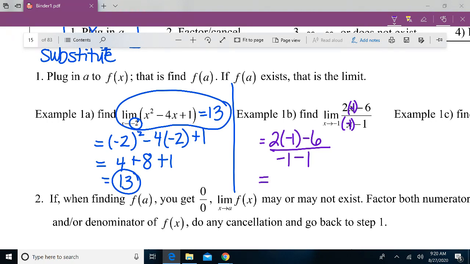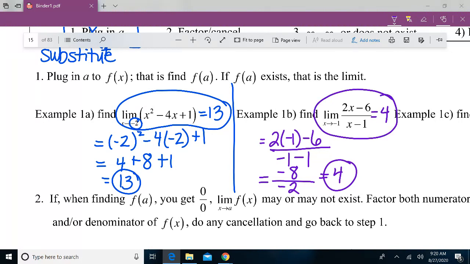Let's evaluate that. 2 times -1 is -2, and -2 minus 6 is -8 over -1 minus 1 is -2. And -8 divided by -2 is +4. So I can say the limit as x approaches -1 of 2x minus 6 over x minus 1 equals 4. So this is the first type that you're going to have.